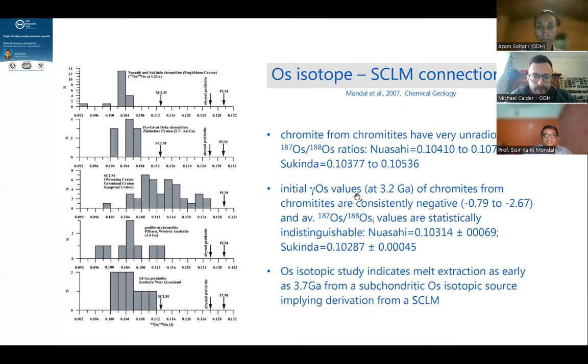And initial gamma osmium values of chromites from chromitites are consistently negative, indicating derivation from a subchondritic source. And osmium isotopic study indicates melt extraction as early as 3.7 billion years ago from a subchondritic osmium isotopic source, and that implies derivation from a subcontinental lithospheric mantle.